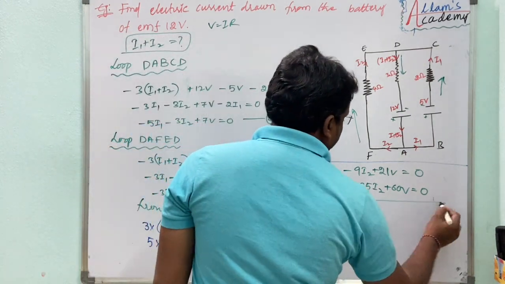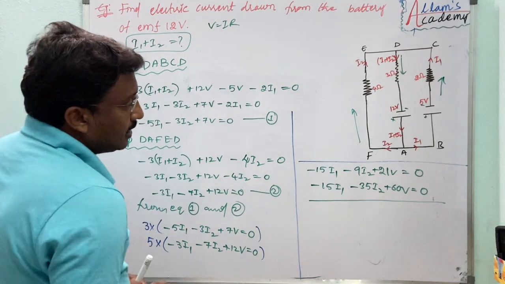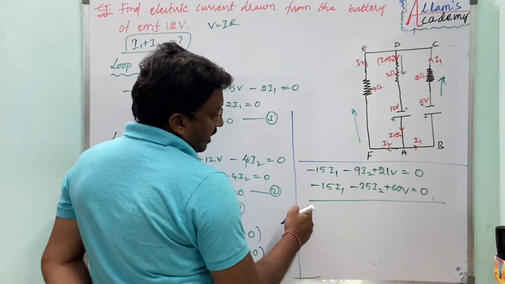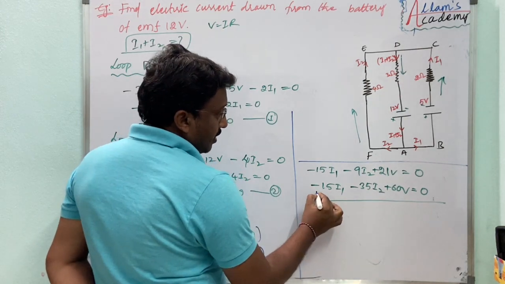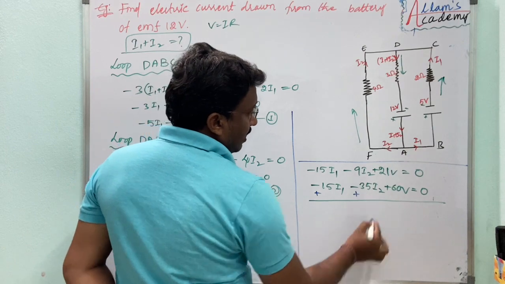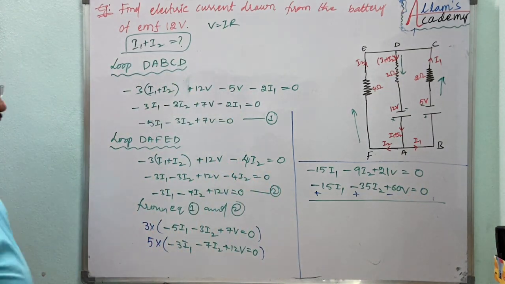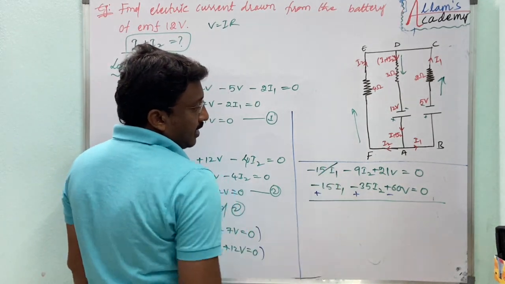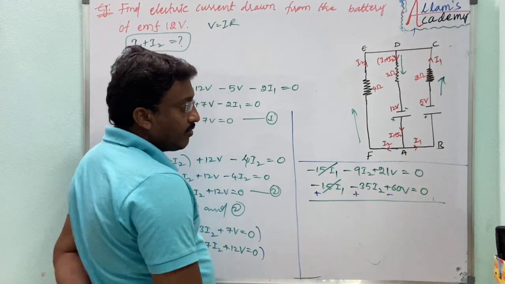Here I am going to subtract the algebraic equations, so the signs will change. Minus becomes plus, minus becomes plus, plus becomes minus. Then minus 15 I1 and plus 15 I1 cancel.